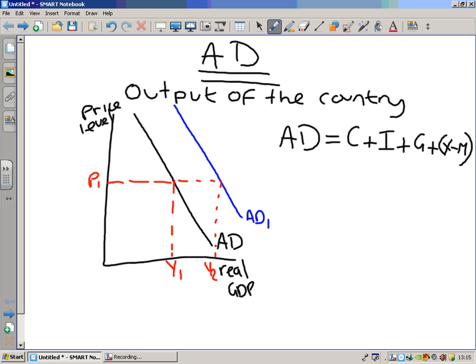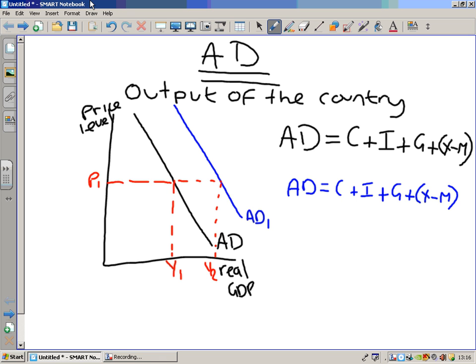What we can see then is that as the price levels stay the same, for some reason or other people are demanding more from the economy. So let's think about what might have happened here then. So I'm going to copy out this equation again. AD equals C plus I plus G plus X minus M. So for AD to increase, something has got to have changed with these different letters.